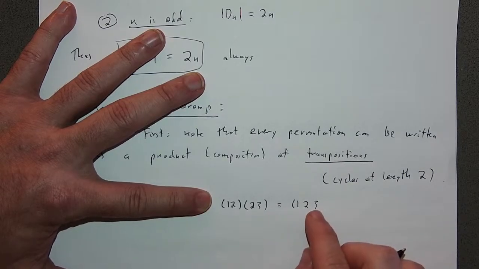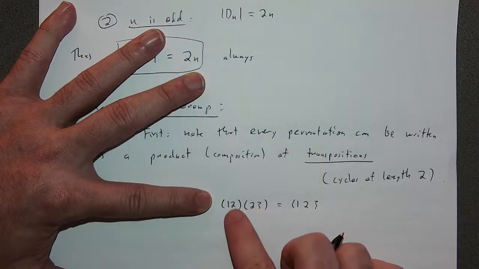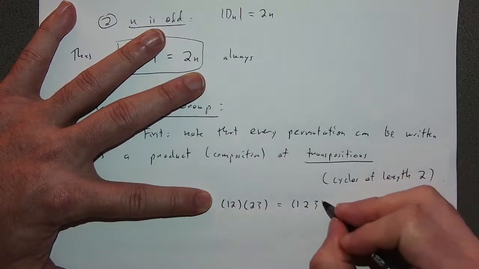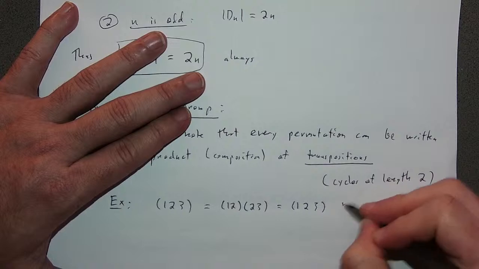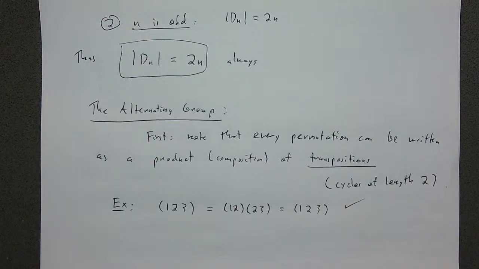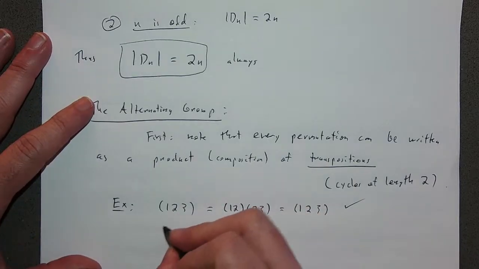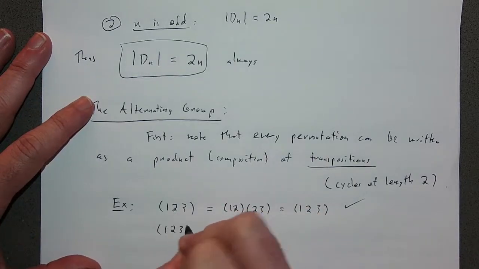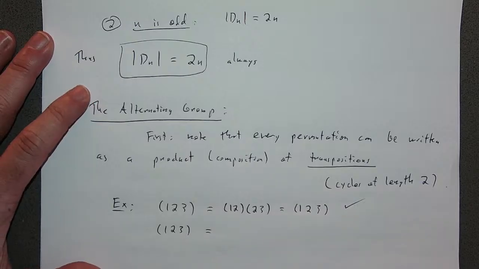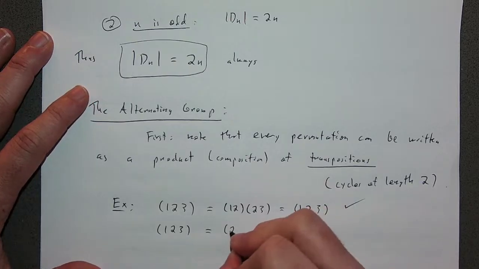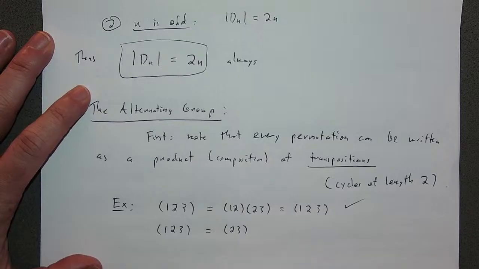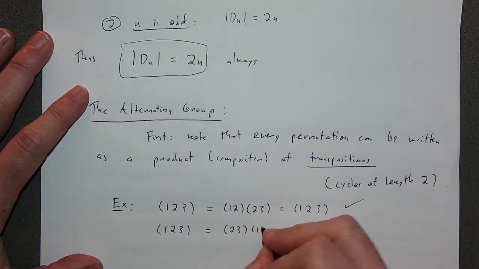So what happens to 3? 3 goes to 2 here, and 2 goes to 1. So 3 goes to 1. So yes, that permutation can be written as a product of transpositions. This is true for any permutation. So here's another example. I can also write (1 2 3) as the product (2 3) times (1 3).